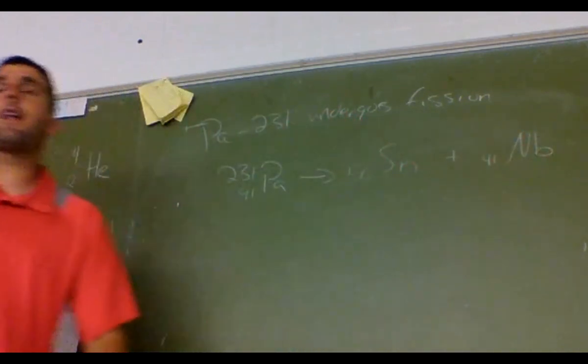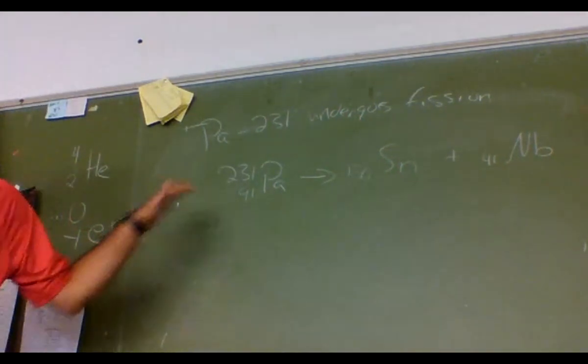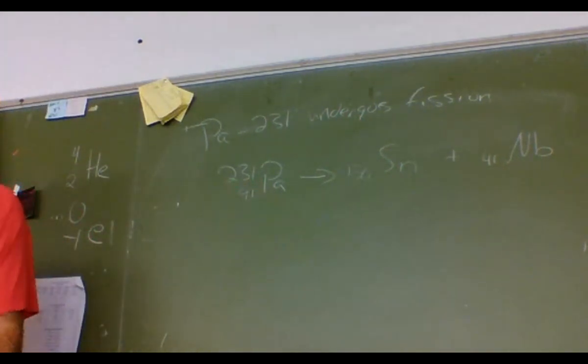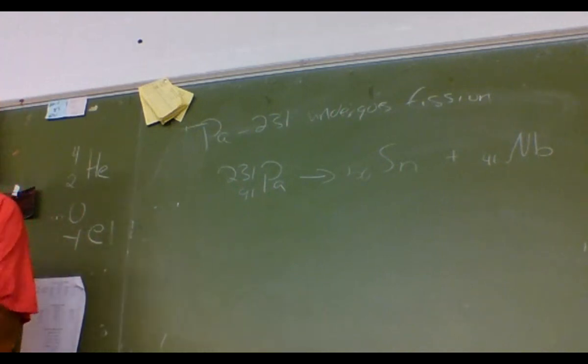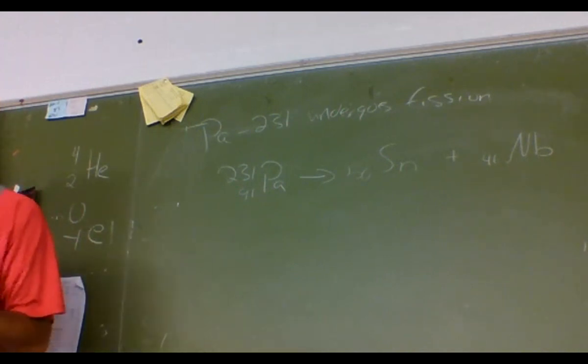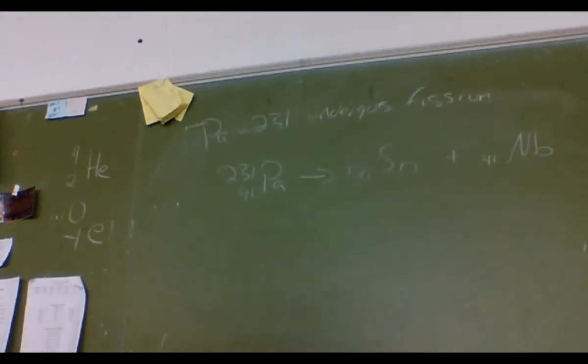All right, so now here's the only other requirement. My atomic number is balanced. What are some isotopes of tin? If you're unsure, you can always look at your periodic table.